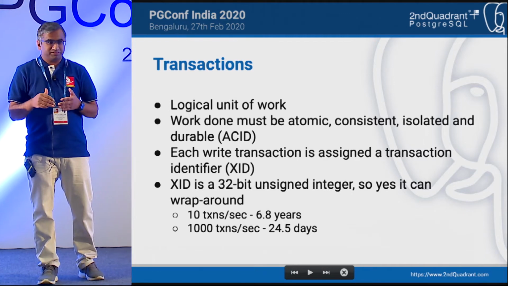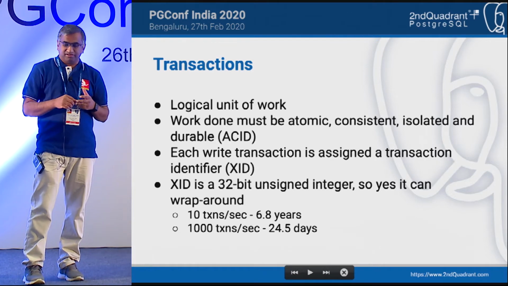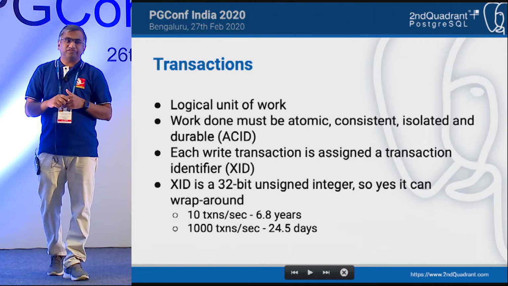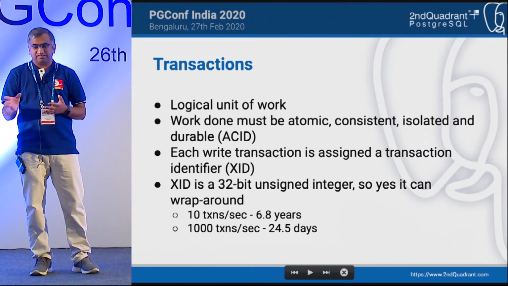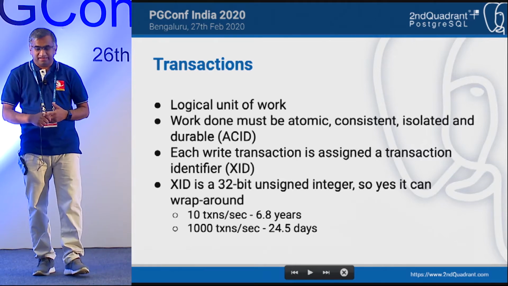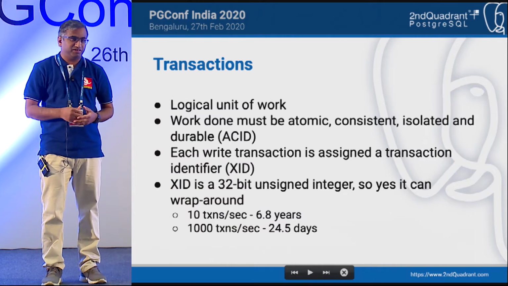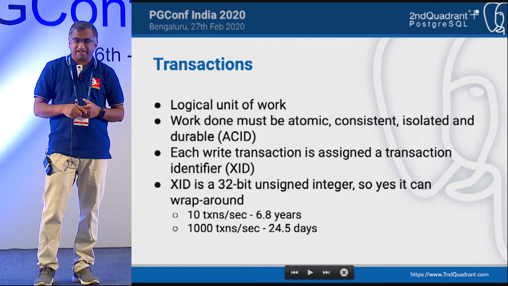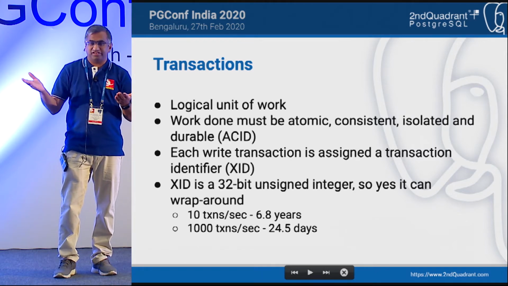In Postgres specifically, each transaction is assigned a 32-bit integer, and it's important to know that in the context of MVCC, and that's the reason why I mentioned that. So when Postgres started, maybe 2 decades back, or even till say 10 years back, a 32-bit integer seemed like a large enough value.